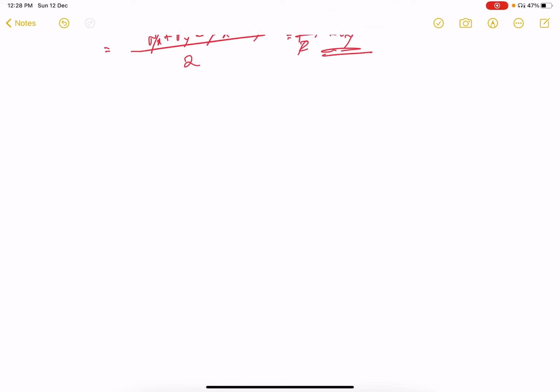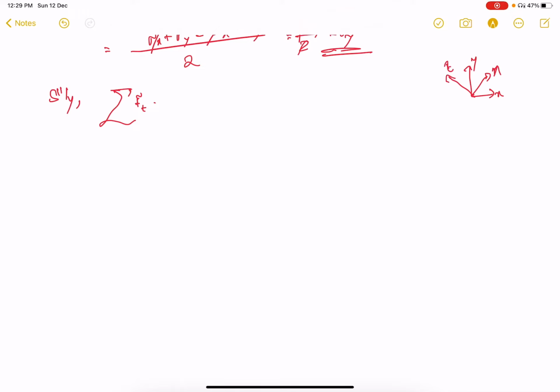I'll teach you. Similarly, you don't have to prove actually. If we take the summation of forces along t, we have x, y, n, and this is t.